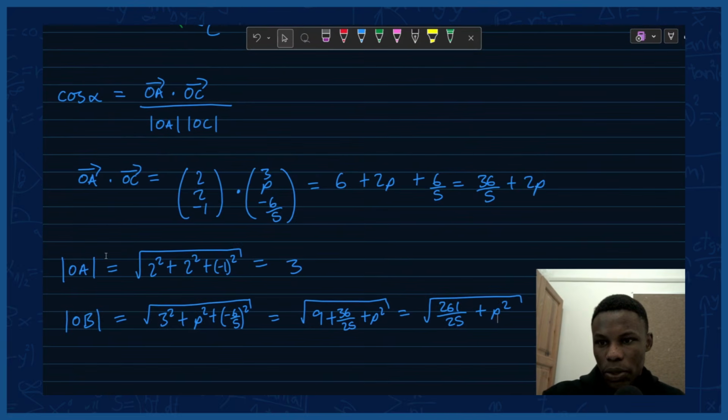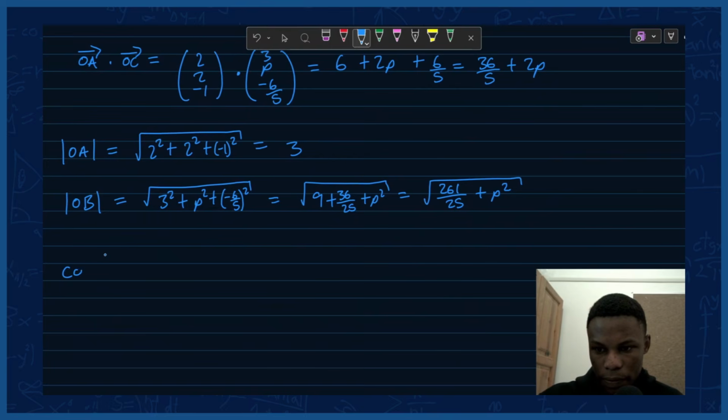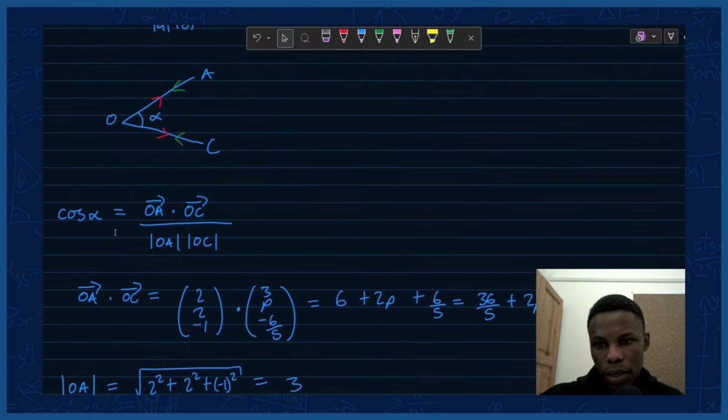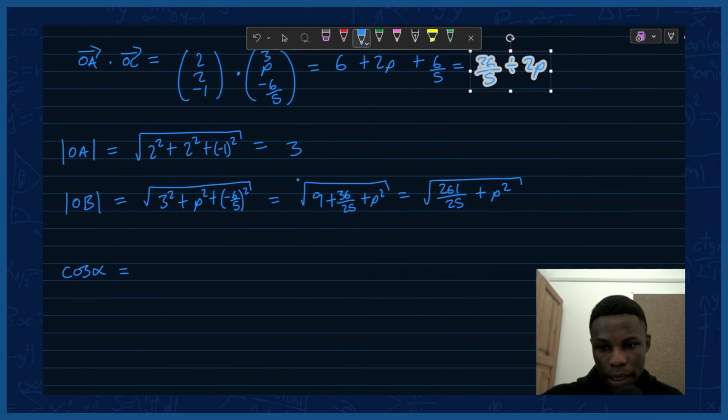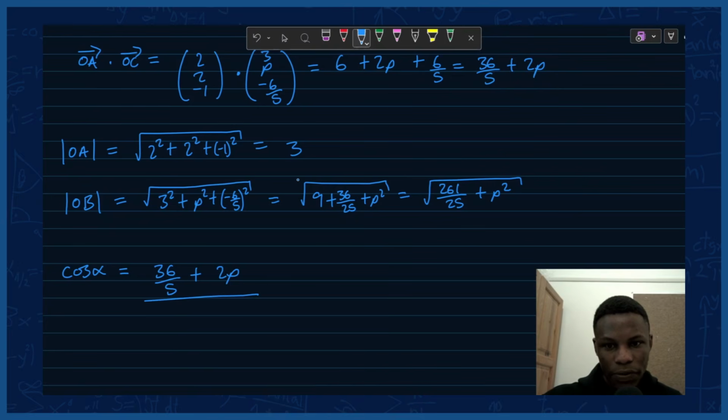So that means cos of alpha is equal to our dot product, 36/5 plus 2p, divided by the product of the magnitudes: the magnitude of OA times the magnitude of OC, which is 3 times this root.